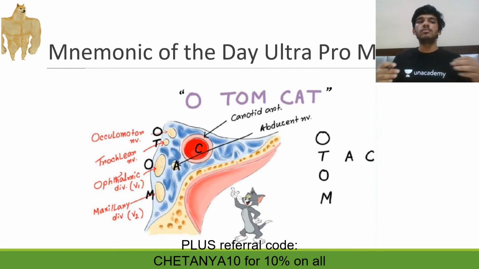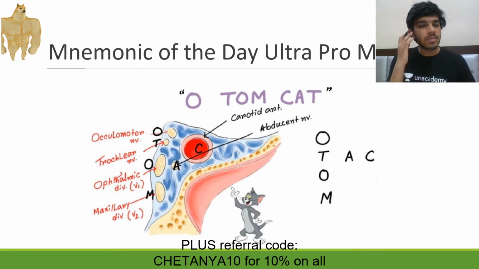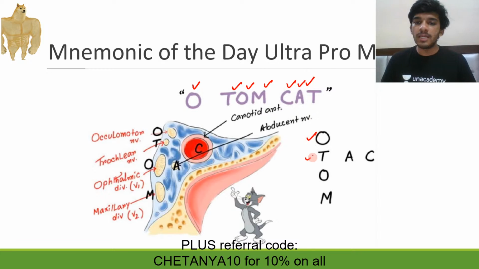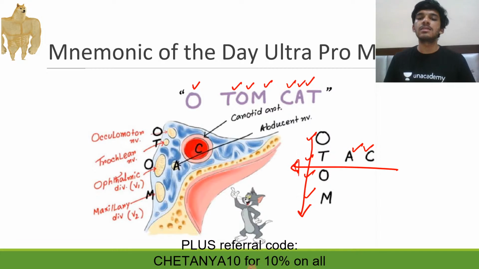Right. So, as I do it, my class starts with a mnemonic for the day. And yesterday, I had told you this mnemonic, but I wanted to present it again because it's a very important question for your professional examinations. The mnemonic is O Tom Cat, right? And this is the relation of the structures in the cavernous sinus.